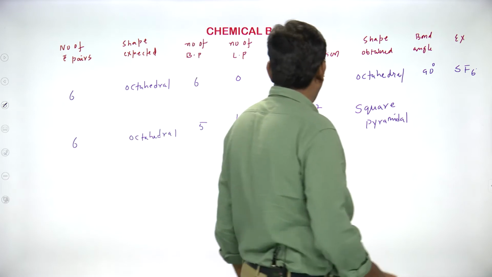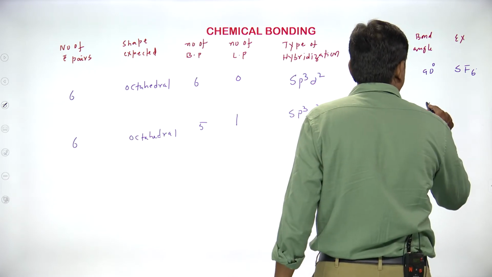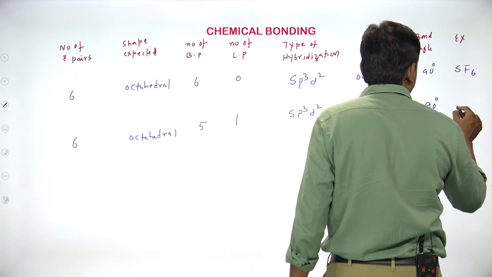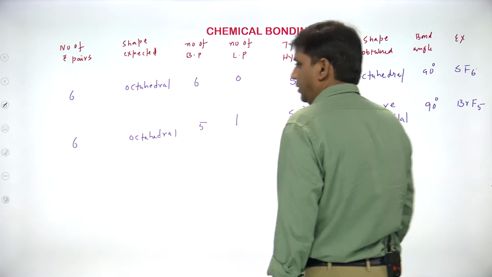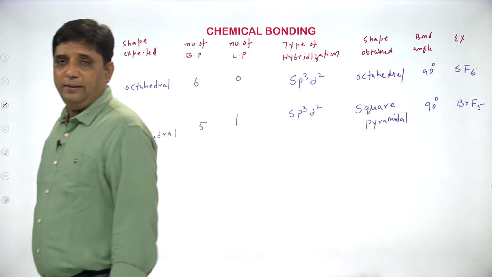And this is 90 degrees only. Example BrF5, bromine pentafluoride.